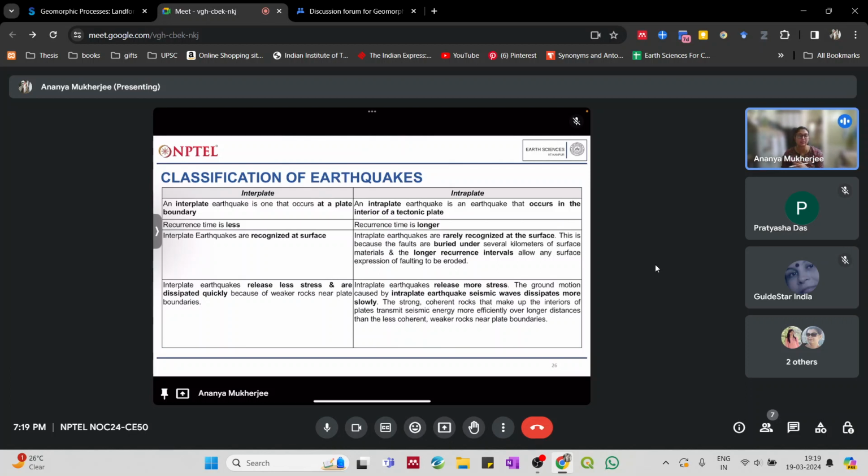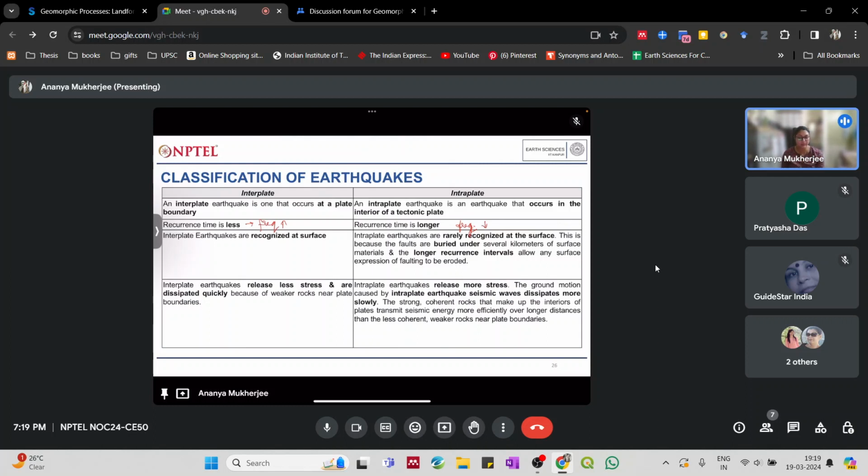Recurrence time, as in the interval between two earthquake events taking place at the plate boundary, is lesser. Okay, so the frequency is more. This means the frequency of earthquakes in interplate regions is high, and the frequency of earthquakes in intraplate regions is actually low.